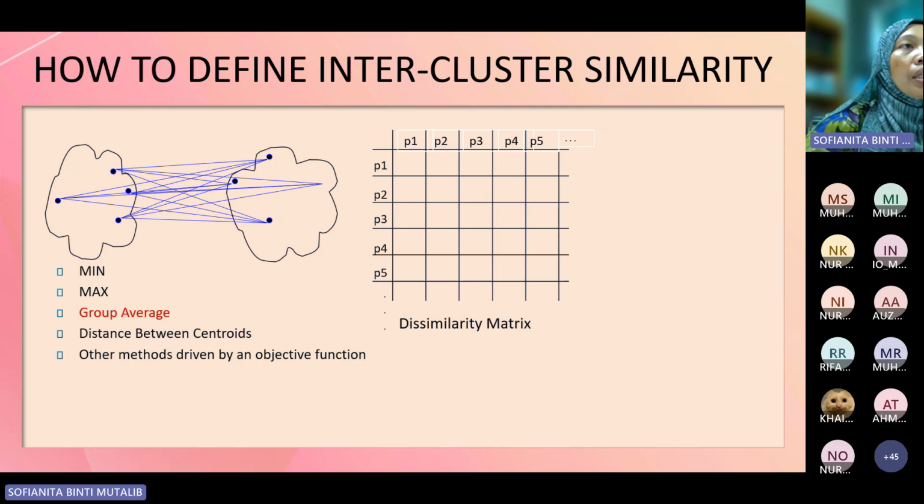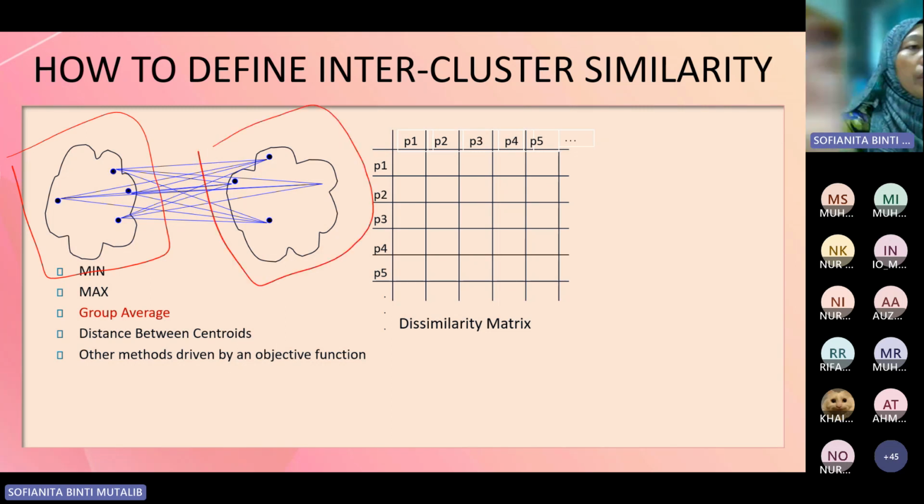So here we are actually getting the average value. All objects here will be compared to all objects over here, and the distances will be averaged. That is what we call the average.